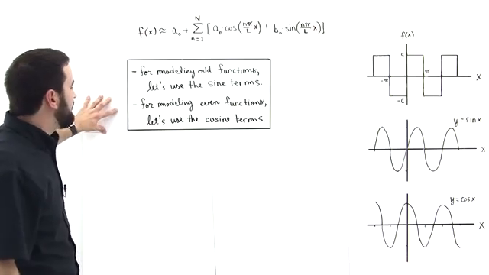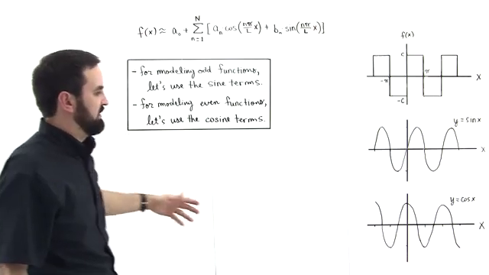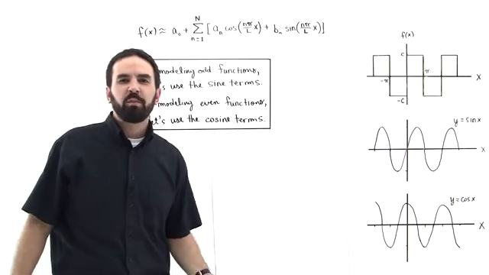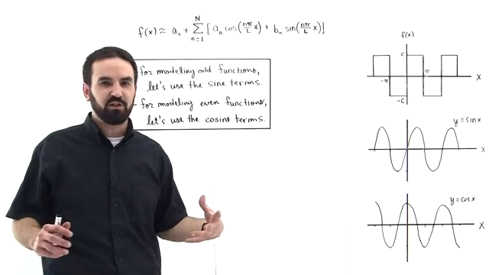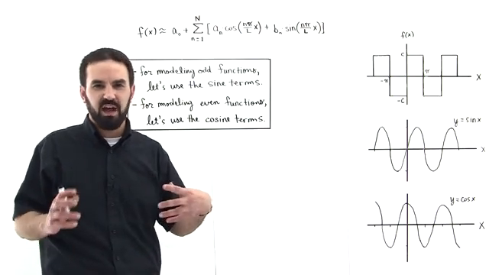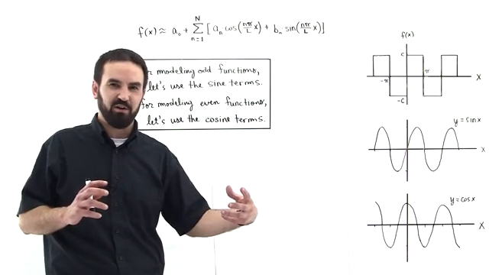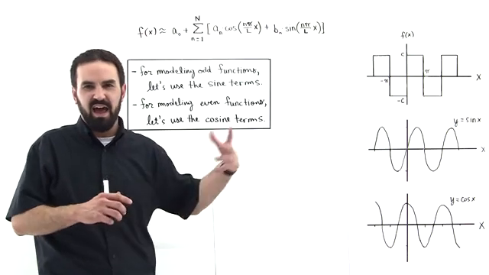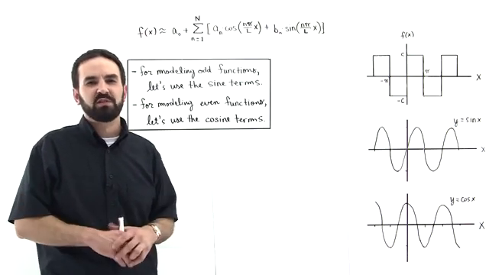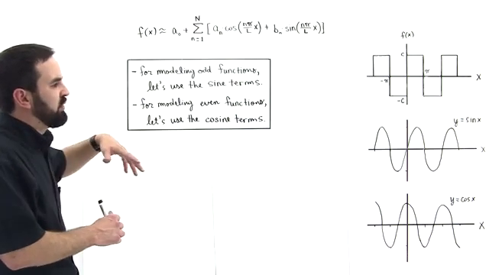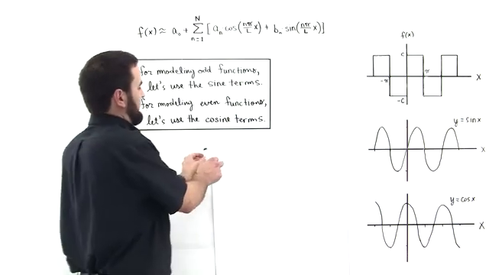And for modeling even functions, let's use the cosine function. Make sense? Now there will be some functions, remember I said any function, where you will use a combination of cosine and sine terms. But for this one, because it's strictly an odd function, you will only use the sine terms to model this function. And in the next tutorial, in part 2 of this series, we will show that that's true.